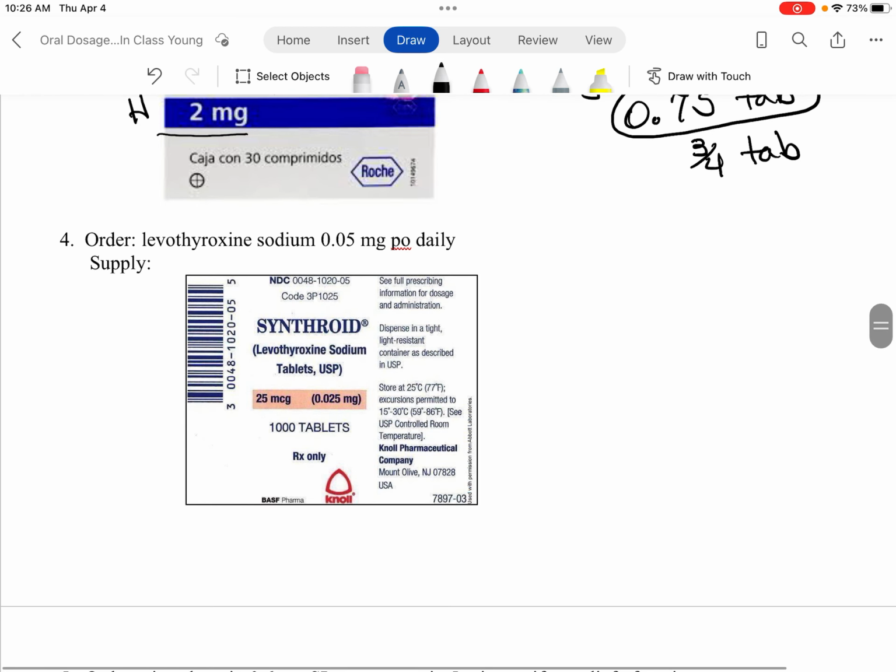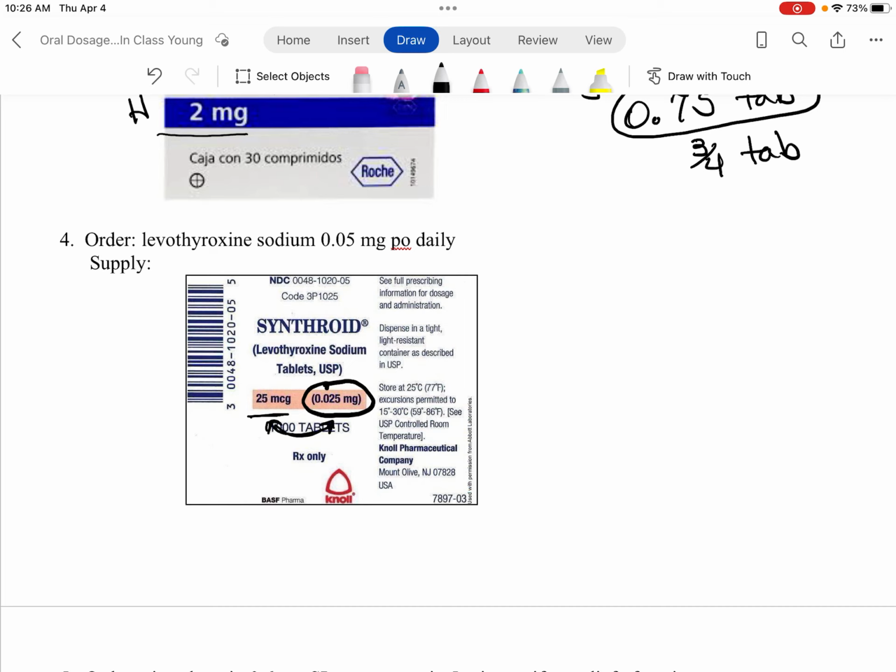In example 4, notice, I've got levothyroxine, I don't know how to say this, 0.05 or 5/100 of a milligram. Notice that the supply is either 25 micrograms or 25 thousandths of a milligram. These are equivalent amounts.